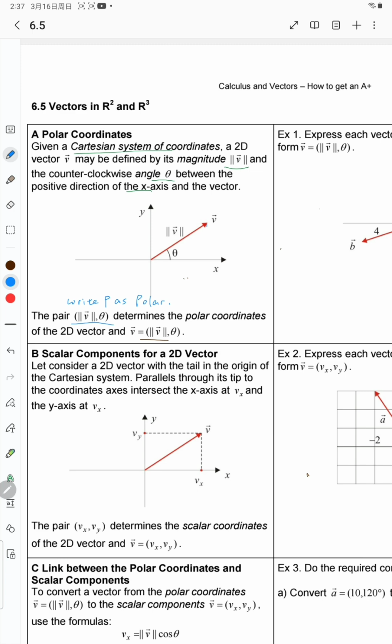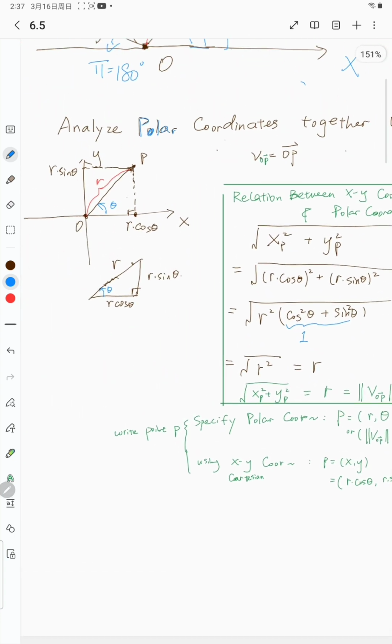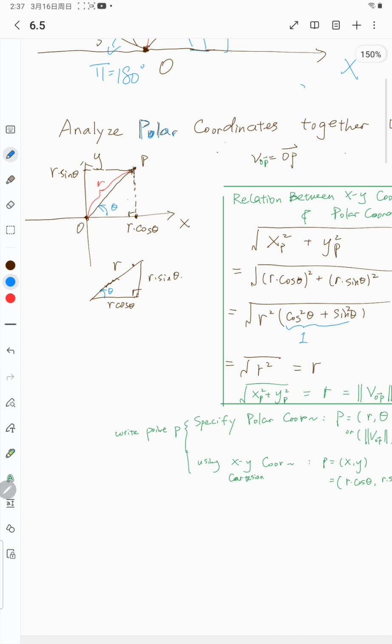If you have any 2D vector in the origin of the Cartesian system, the parallels through its tip to the coordinate axes intersect the axes at vx and vy. This is exactly like above, where we wrote out the polar coordinates together.